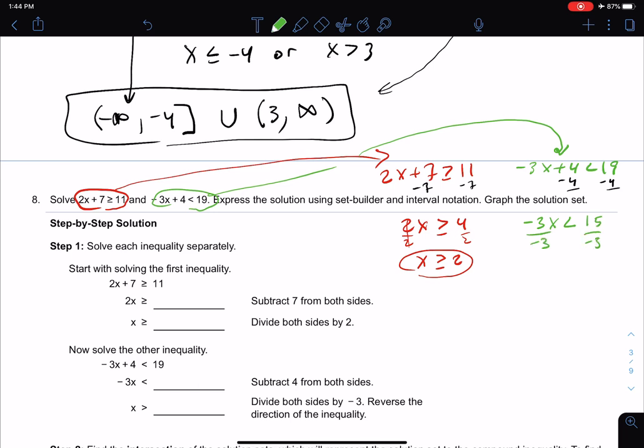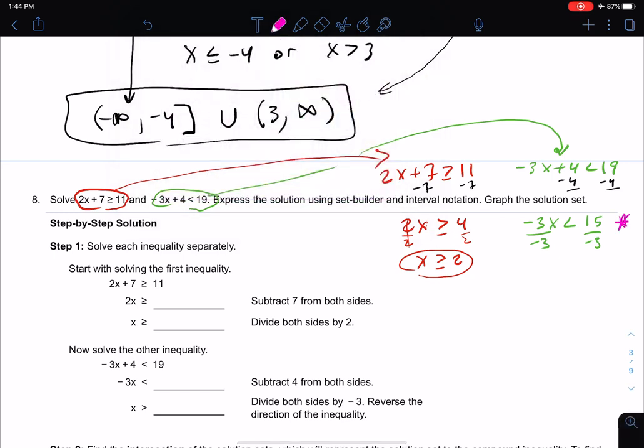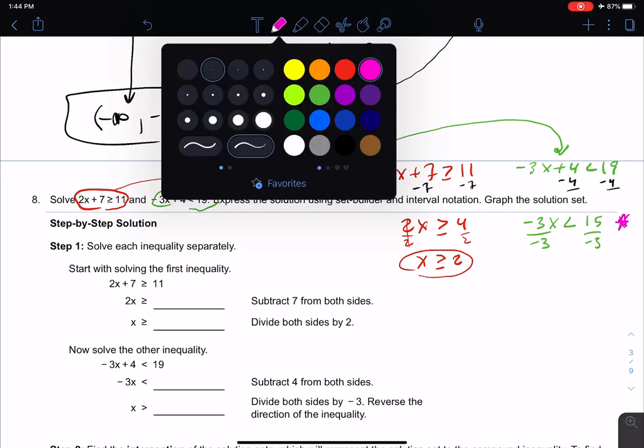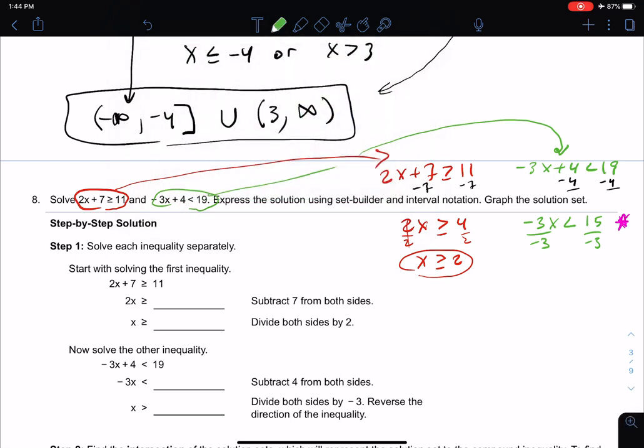And you should be thinking, big pink star, something cautionary. Watch out. Oops, I was in green. Because I'm dividing by a negative, the inequality flips, and we get x is greater than 15 divided by negative 3, which gives me negative 5. I'm going to put a circle around that.